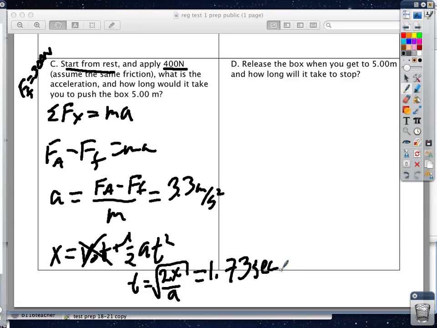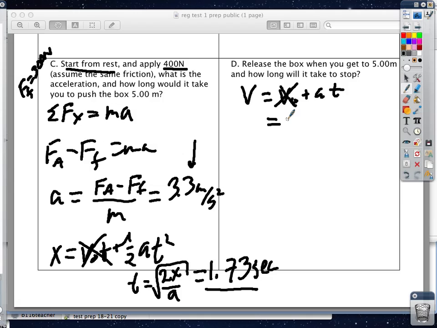Then, if you release the box, when you get to 5 meters, how long will it take to stop? So we've got this thing going, velocity, right? So we pushed it for this long at this acceleration. So v is equal to v0 plus at. So v0 was nothing, so that gives me 1.73 times that, which is going to be like almost 6 or 7?